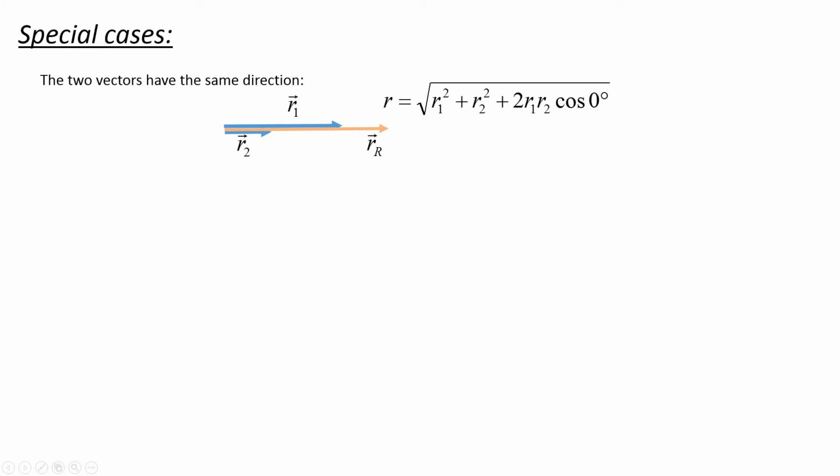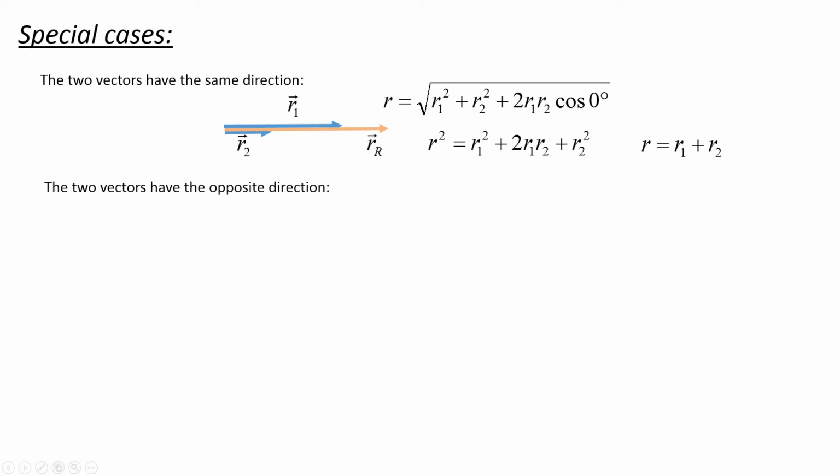In that case, the angle is 0, and we get this when we work it out. So the cosine of 0 is 1, so we have r1 squared plus 2 r1 r2 plus r2 squared, which of course algebra tells us equals this one. And this is the only case where you really can say the resulting vector is r1 plus r2 without the arrows, which is the same as with the arrows in this case.